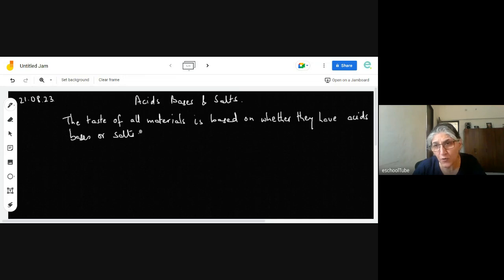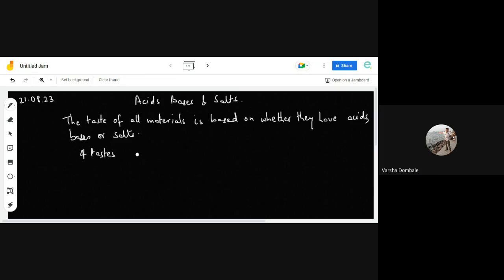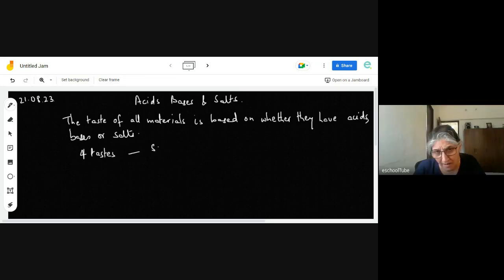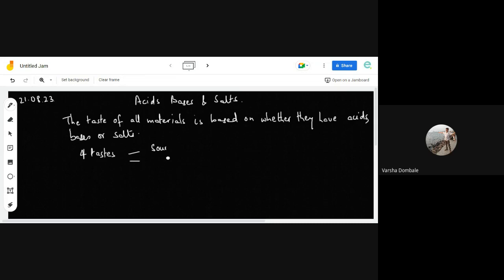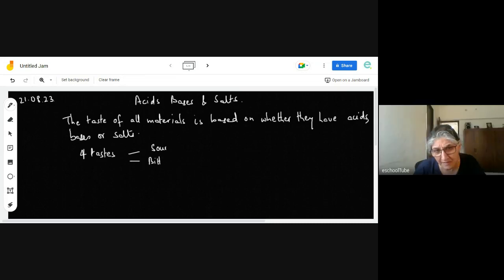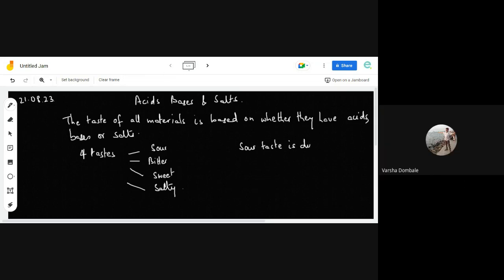So, what are the four tastes that we are talking about? Sour, bitter, sweet, salty. So, when we talk about the sour taste, what did he say? Sour taste is due to the presence of citric acid.